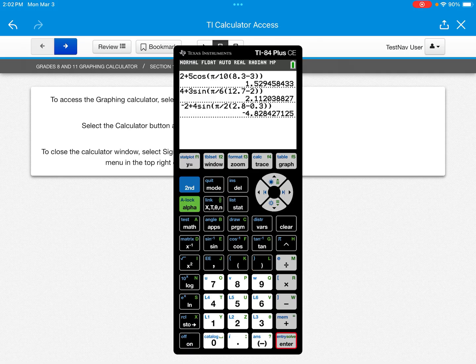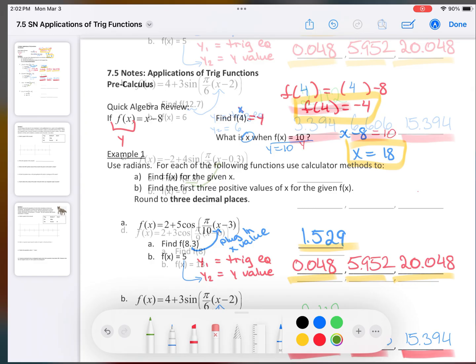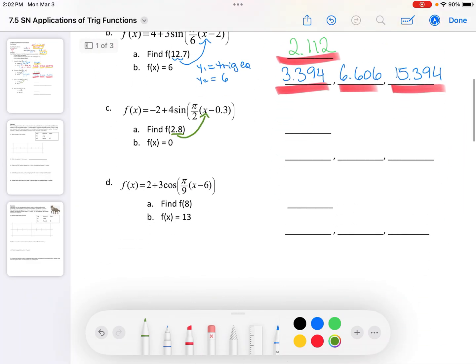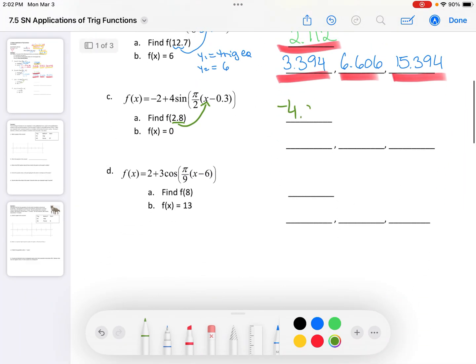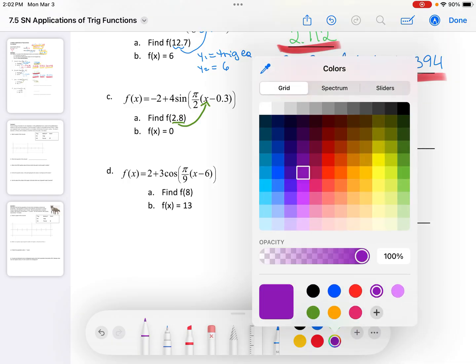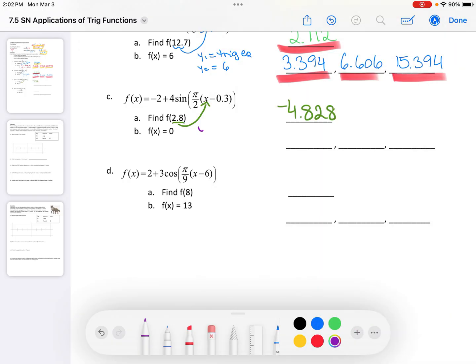Negative 4.828. Then to do part B, again, y1 is the trig equation that we were given, and here y2 will equal 0.